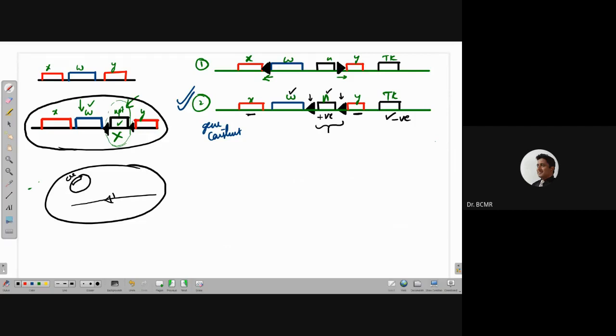I'm only drawing NPT here, with the recombination sites in the same orientation. So Cre recombinase is expressed. The enzyme would bind here and here. The DNA is looped, and then these strands are exchanged, because of which the neomycin, this NPT, gets deleted.